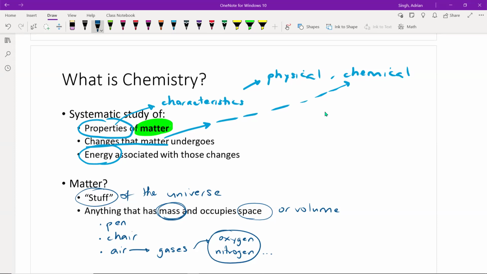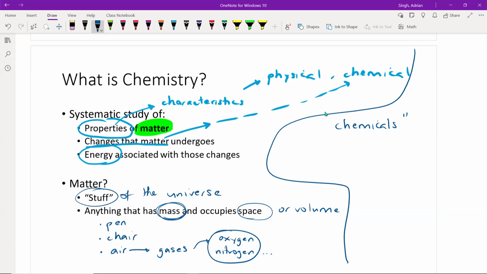And chemistry is something all around us. We don't necessarily think about it every day, but we really can't live without chemistry. And essentially chemicals. And often when we hear the term chemicals, there's typically a negative connotation associated with the word.